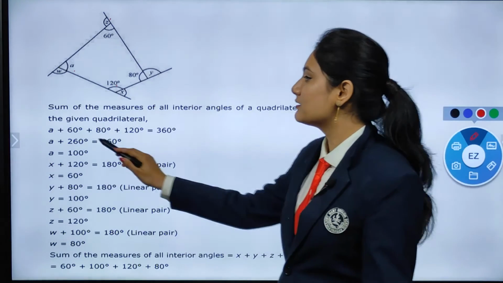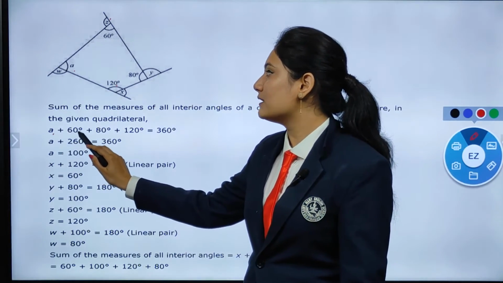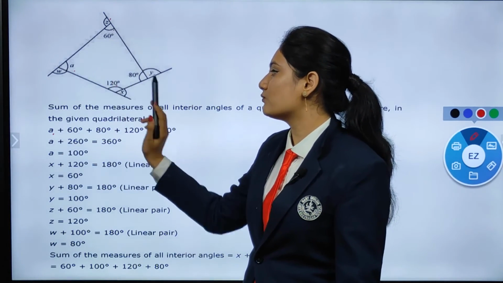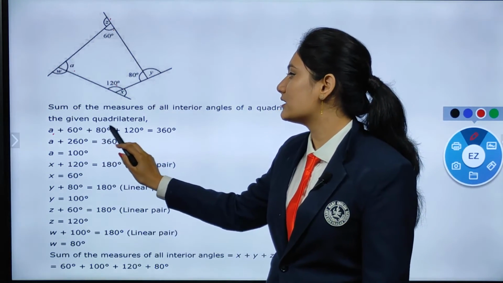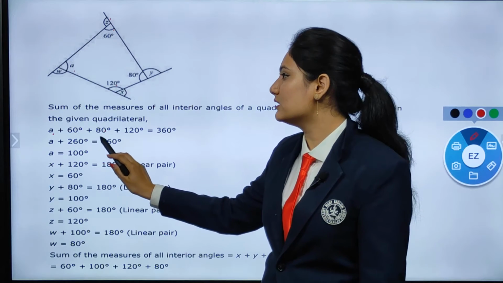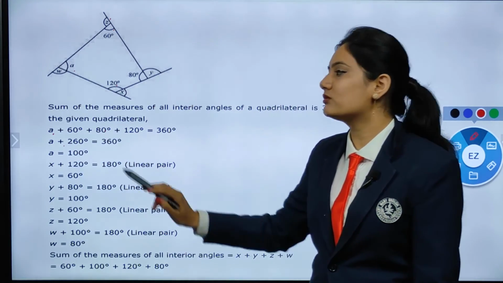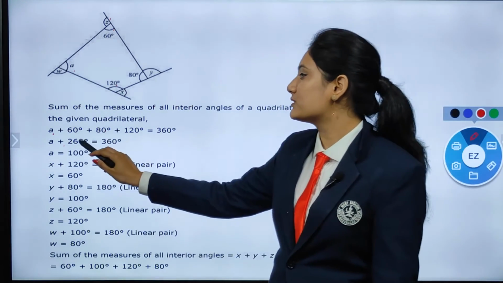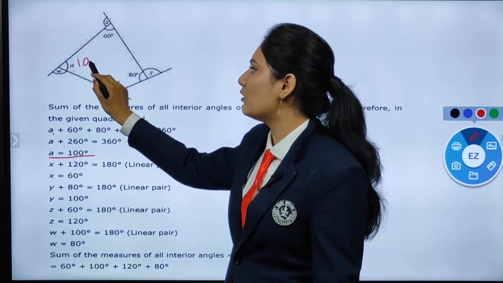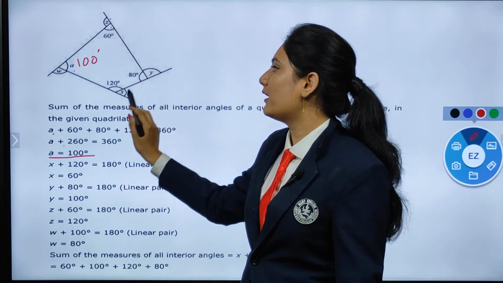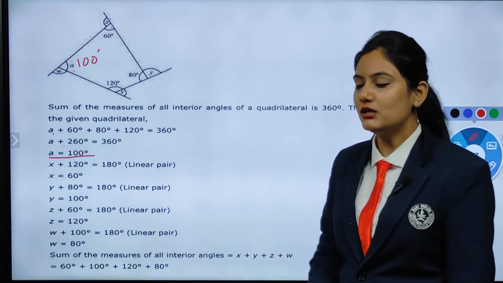So first step is, what you will do? A plus 60 plus 80 plus 120 equal to 360 degree. When you add 60, 80 and 120, it is 260 degree. So A is equal to 360 minus 260, which is A equal to 100 degree. Now you got the fourth angle also. So by linear pair you can find all the exterior angles.